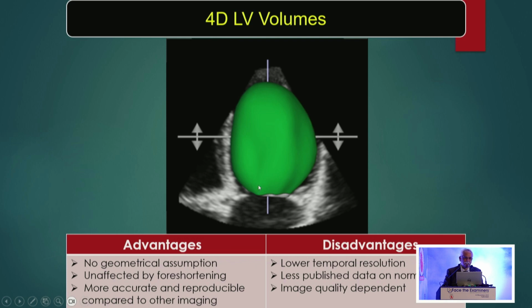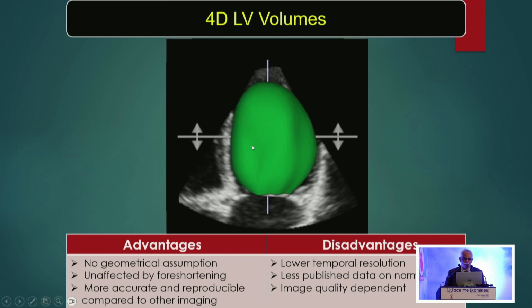The second one is, in two-dimensional echocardiography, we use a mathematical formula for measuring the left ventricular volumes by the Simpson method or the area length method. Whereas here, we measure the number of volume cells which are present in the left ventricular cast. Like pixels, when you are viewing a TV, you call it a pixel, how many pixels are present.